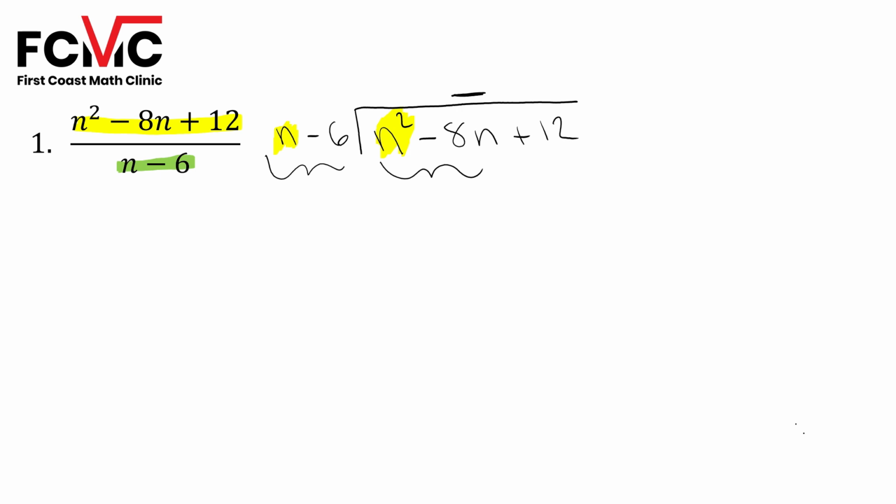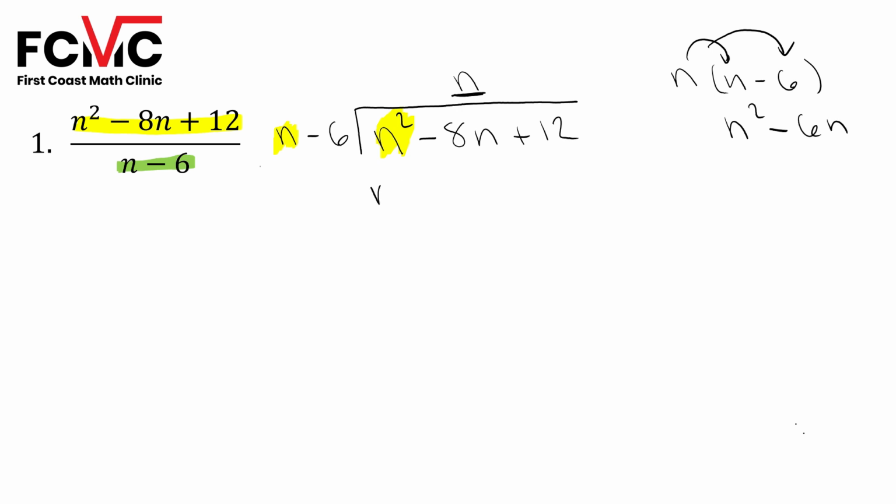So what do we have to multiply n by to get it as close to or equal to n squared? Well, we can multiply it by n. If I do that math over here, n times n minus 6, we distribute the n, and we get n squared minus 6n. I'm going to clean this up a little bit, and we get n squared minus 6n.